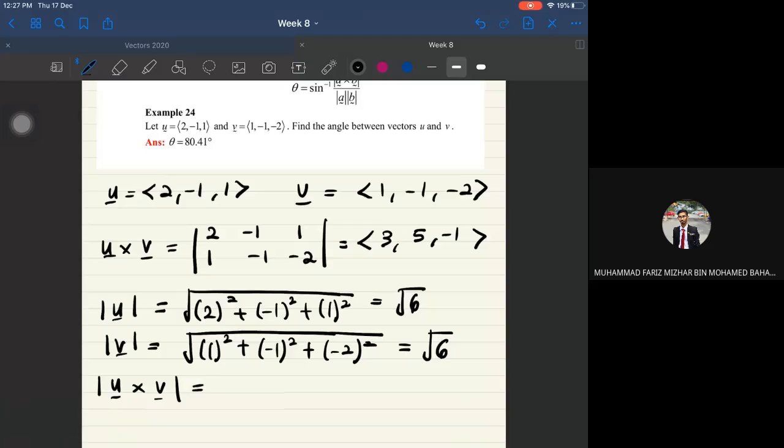Sebab apa magnitude U cross V awak? So this one is equals to square root 35. Dia ada 35. Betul. Square root 35.